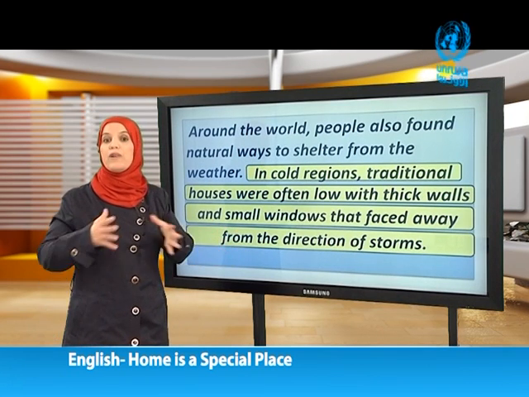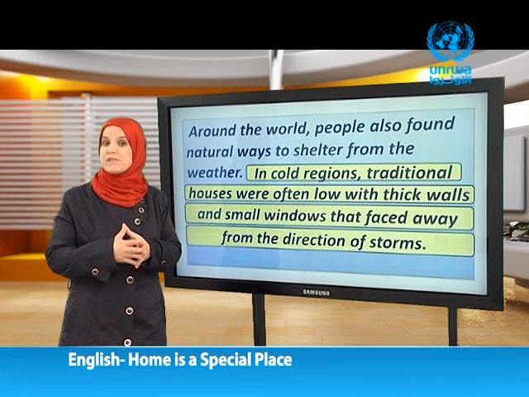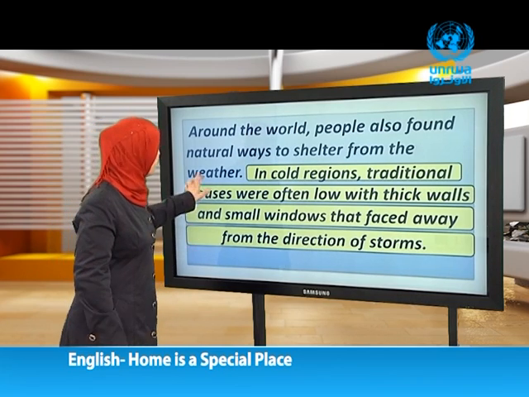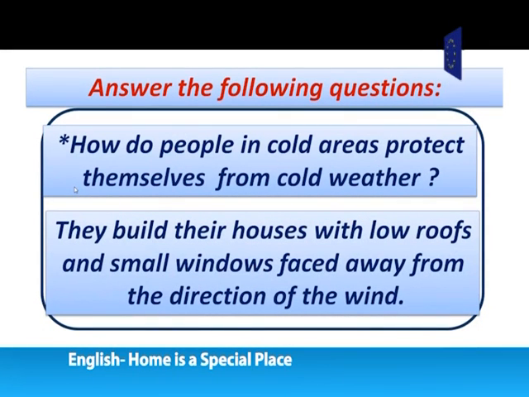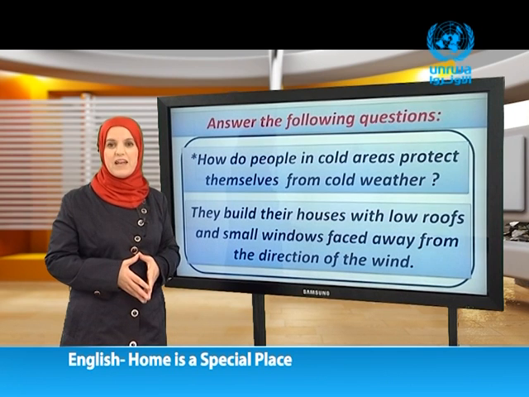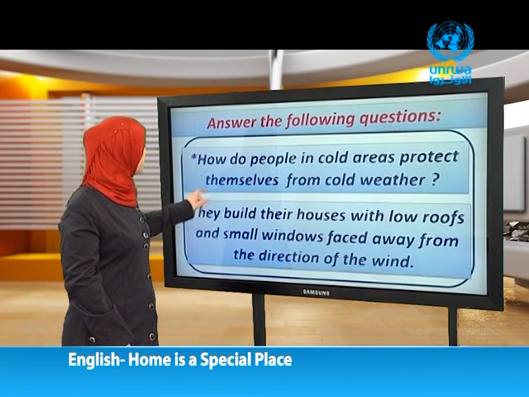This is how people in cold areas protect themselves from cold weather. So the answer is, they build their houses with low roofs and small windows that face away from the direction of the wind.